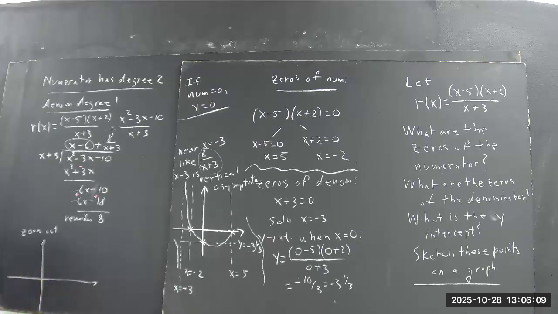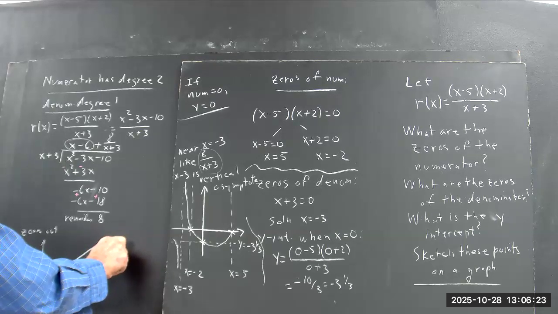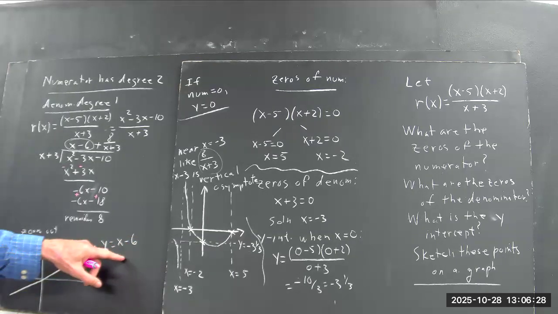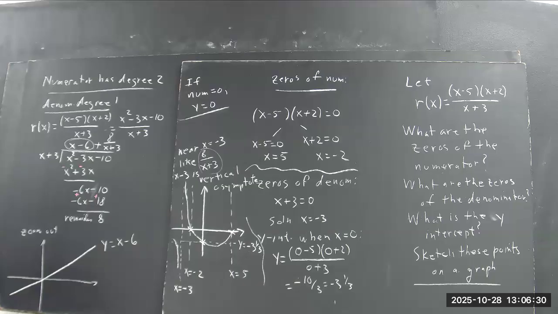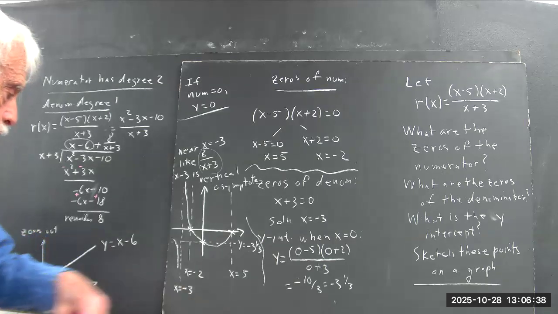So we're zooming way out, so negative 6 here would be practically at the origin. There's the y equals x minus 6 graph. Okay. Now, as I said before, what we've got is y equals x minus 6.